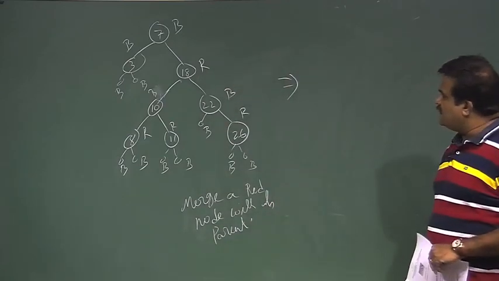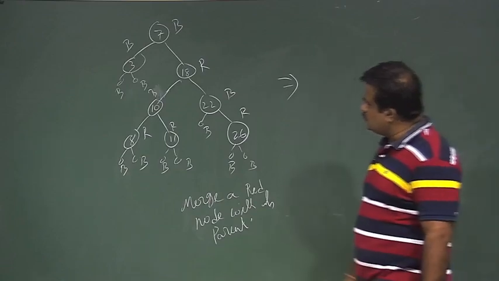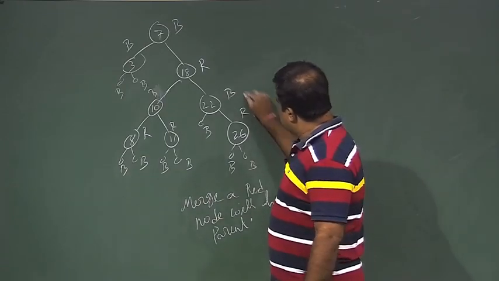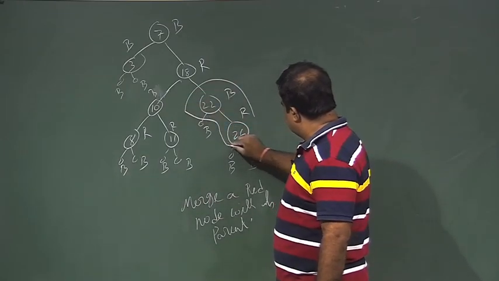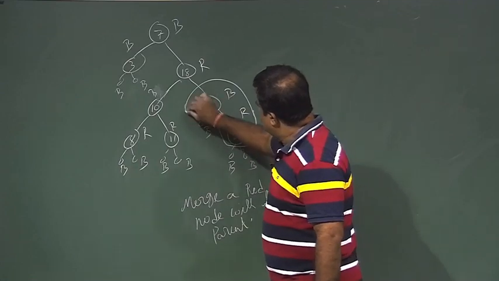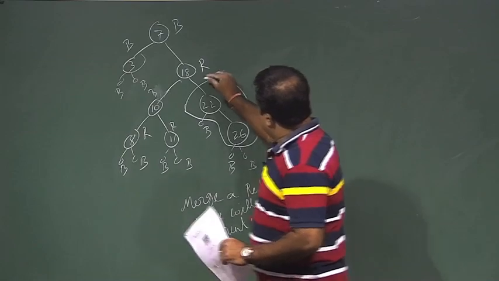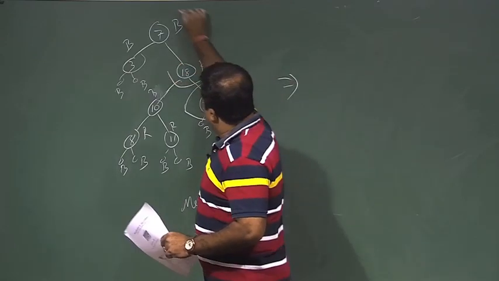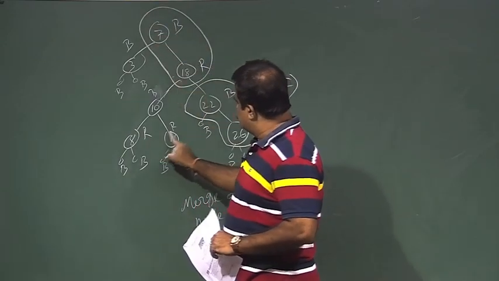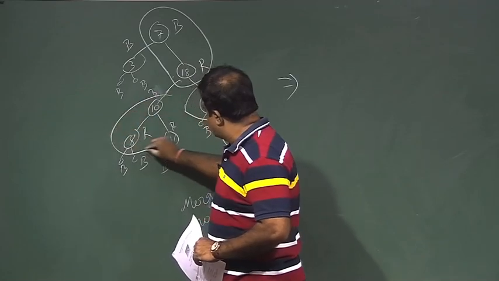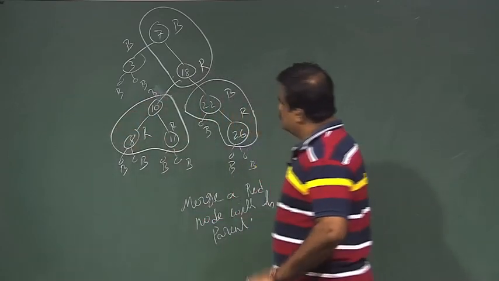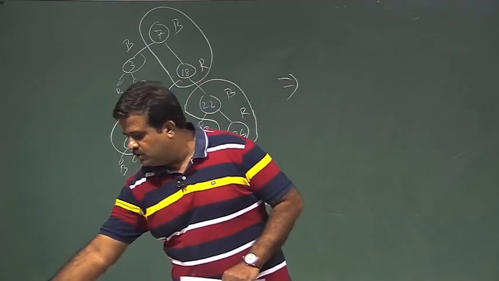If you do that, what will be the situation? This is red, so this we are going to merge with this. This too is red, so this we are going to merge with the parent. So this is the merging we are going to do.